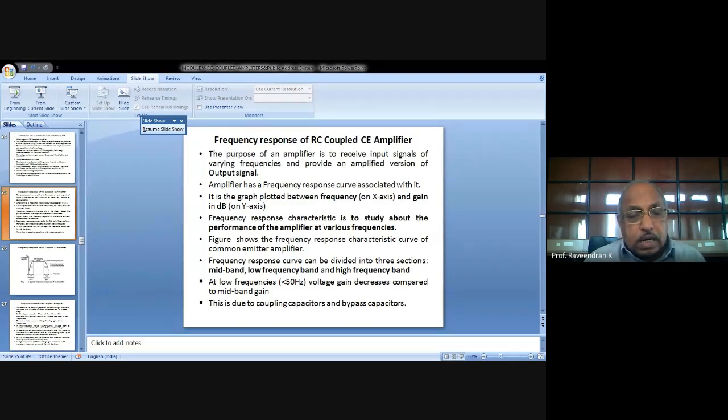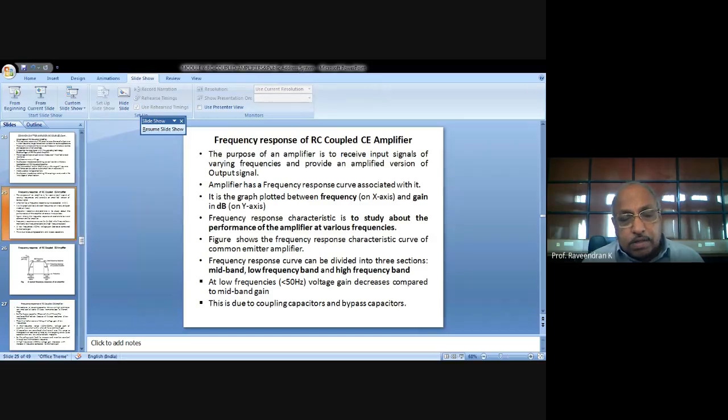The microphone actually handles the signal input, and the sound signal is converted into corresponding electrical signals or electronic signals.